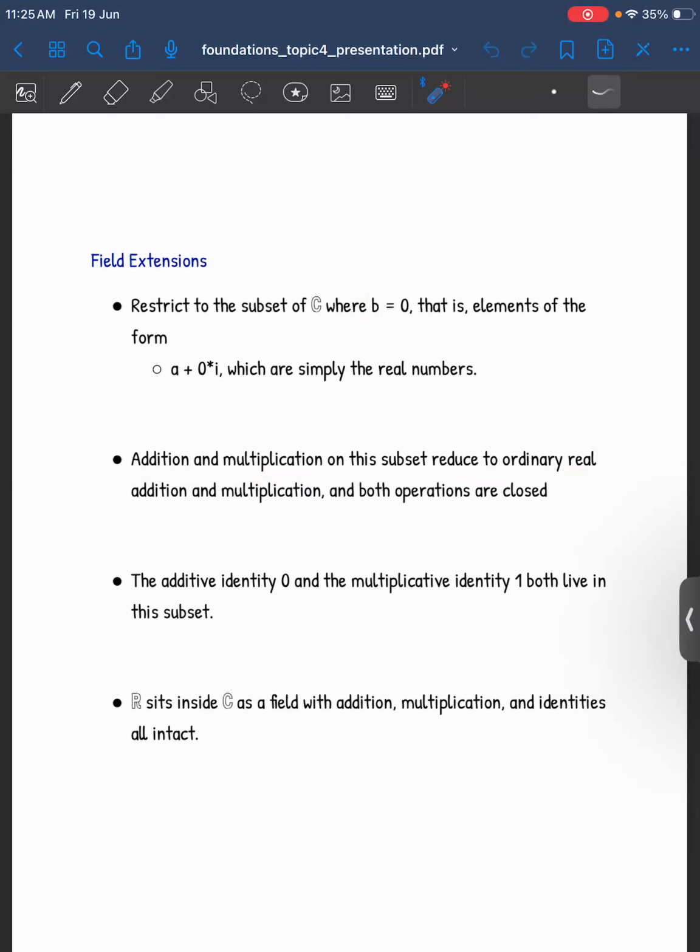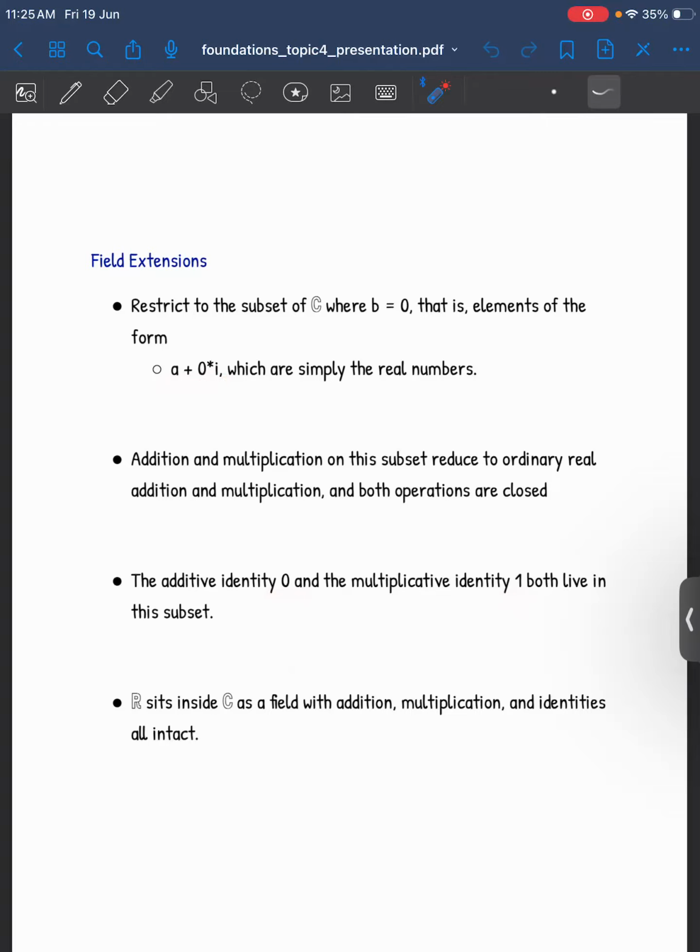If we add elements of the form a + bi, where b is always zero, we will always get an element whose coefficient of i is zero. Similarly with multiplication. The additive identity and the multiplicative identity of the complex numbers, which we noted were 0 and 1, both live in this subset.